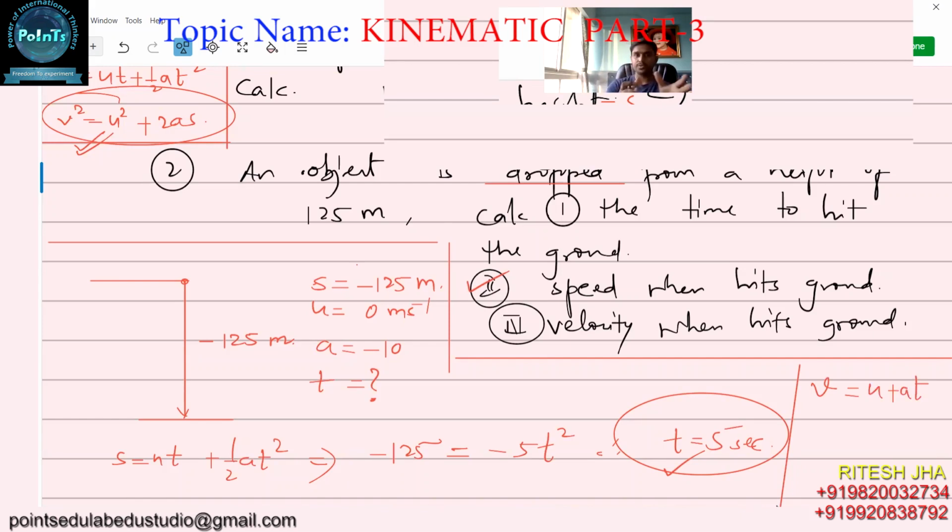You can use v squared equals u squared plus 2as, but I would go with v equals u plus at, because it's less complicated than squared. Yeah, correct. Time is 5 seconds. It's minus 50. Absolutely. So minus 50 is the velocity. So the speed would be 50.